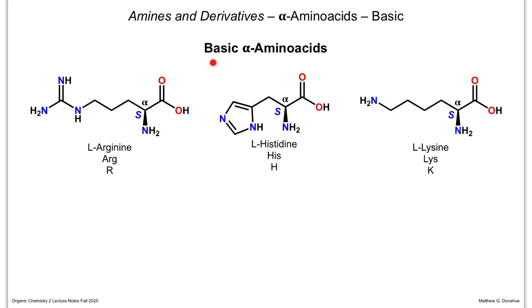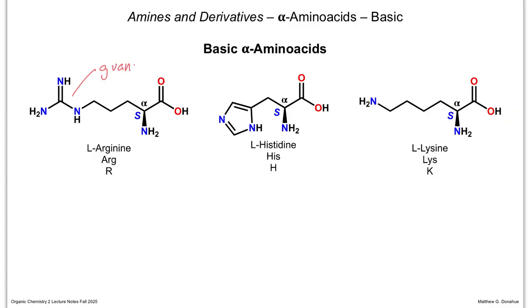Basic amino acids: arginine. This group here is called a guanidine. You can think of that as a second amine, and that amine is bonded to this part. So that whole thing is called a guanidine.